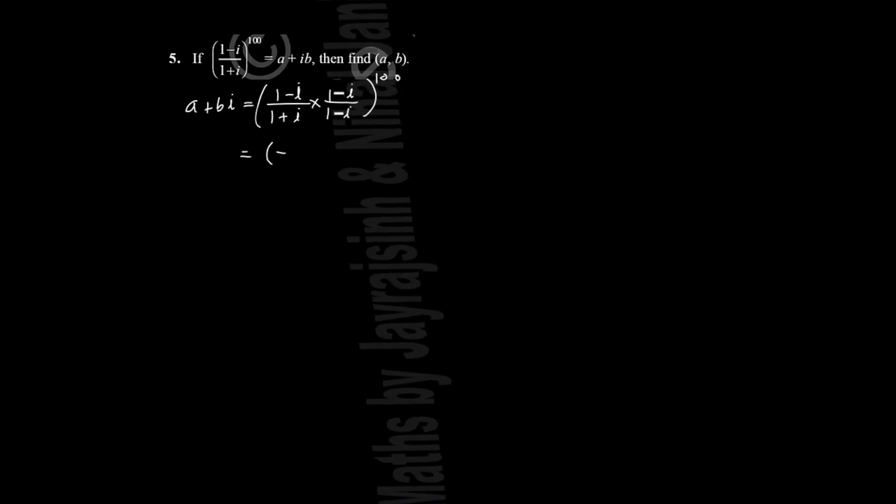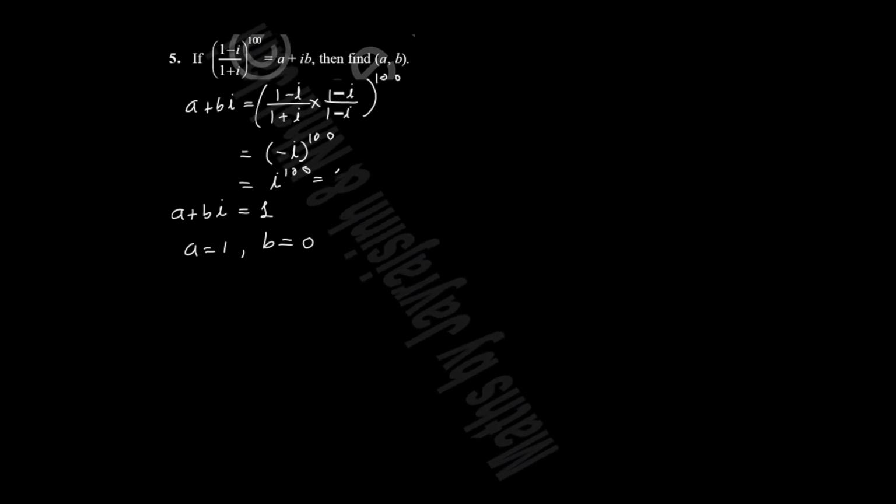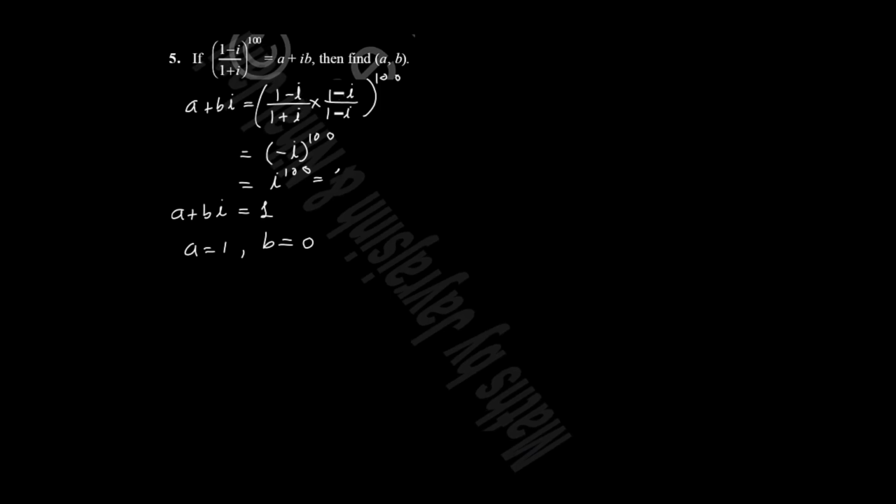Multiply and divide by its conjugate. So it will become (minus i) raised to 100. Minus i raised to 100 means i raised to 100, or we can say 1. So by comparing real parts, we get a equal to 1 and b equal to 0.